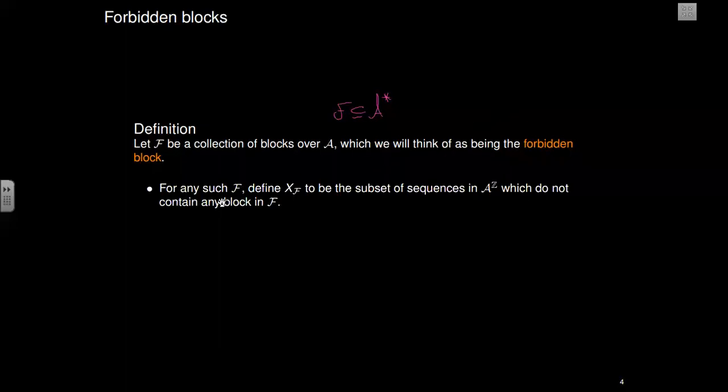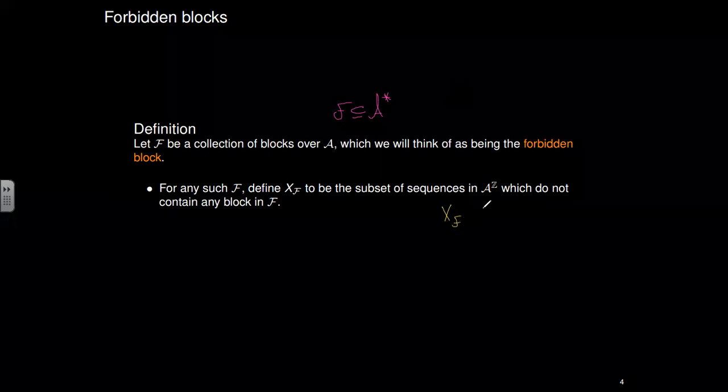Then for any such F, we define X_F to be the subset of sequences in the full shift which do not contain any block in F. What does it mean? Actually, it means X_F is a subset of A^Z such that any word inside of F will not occur inside of each point in this set.